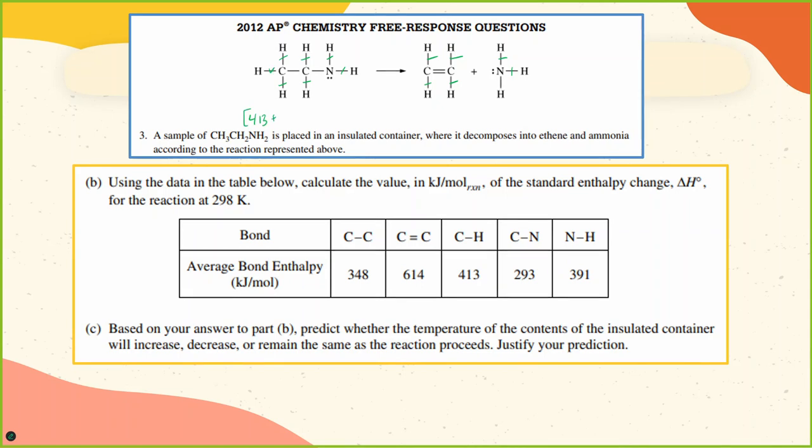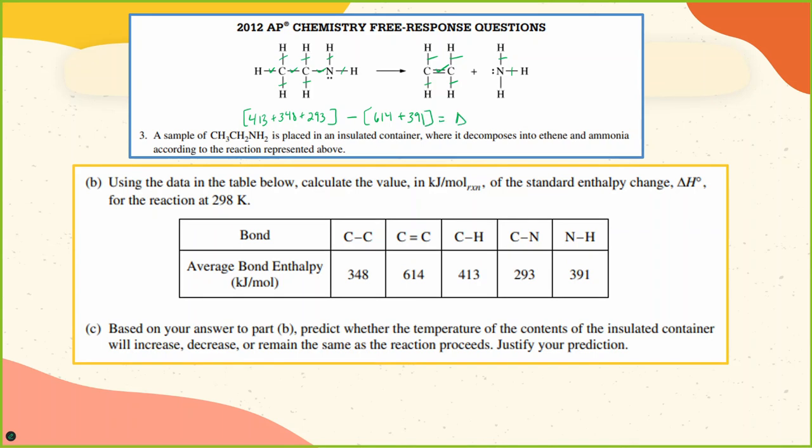So that's that one. C to C, 348. C to N, 293. I think I've taken care of that side. Okay, and then minus C double bond C, 614. That's that one. Plus the one N to H, 391 here.